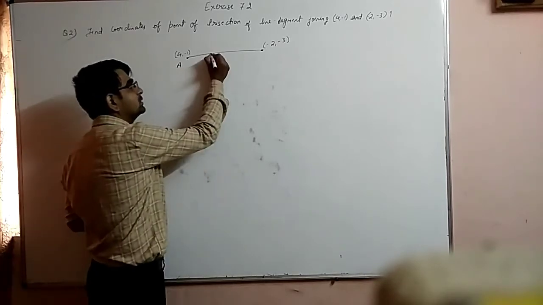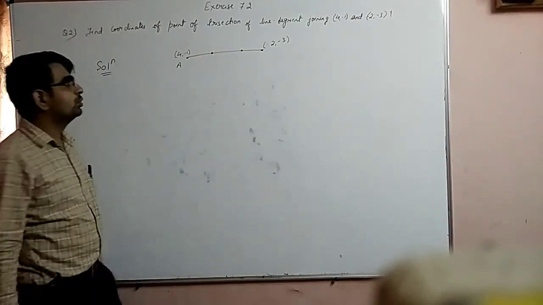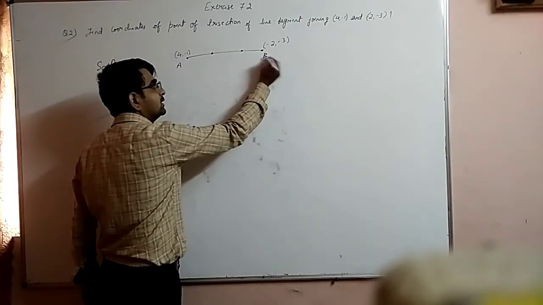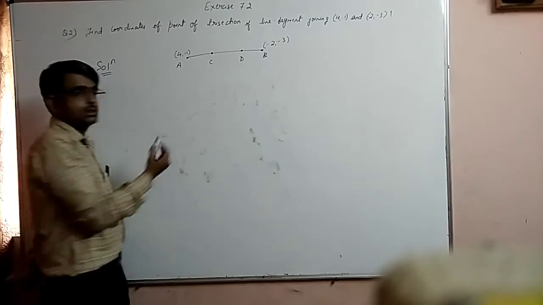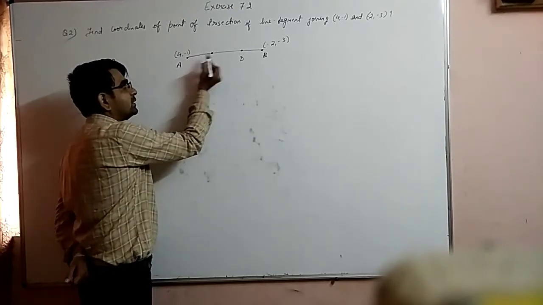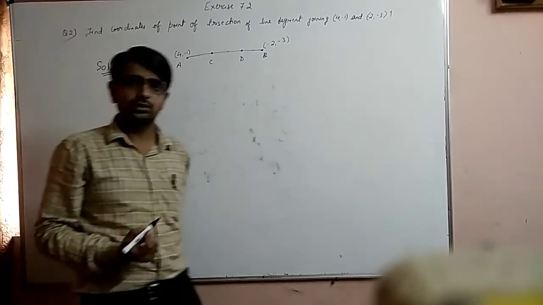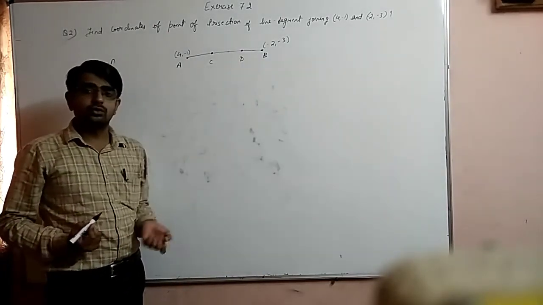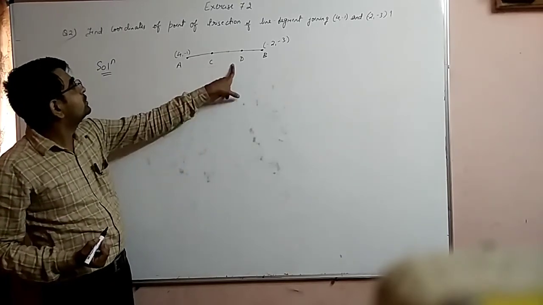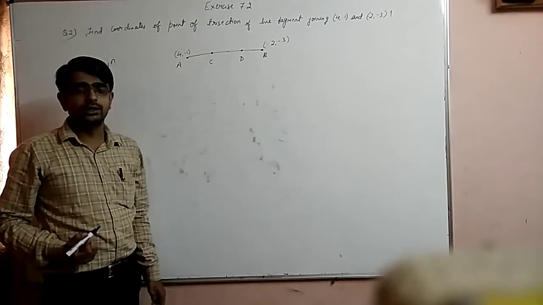So suppose I have taken 2 more points. Suppose this is C and this is D. Now see, trisection means 3 equal sections or 3 equal parts. Now what we need to find? We need to find the coordinates of these points, first C, second D.